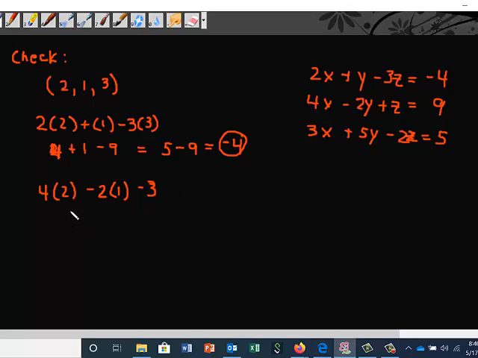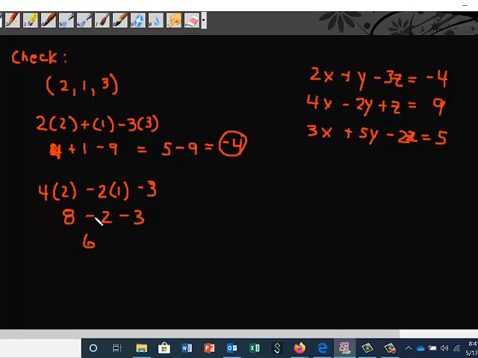What would that equal? So this will be 8 minus 2 minus 3, so this will be 6. Okay, let's make sure we don't make any crazy mistakes here. 4 times 2 is 8, negative 2 times 1 is negative 2.